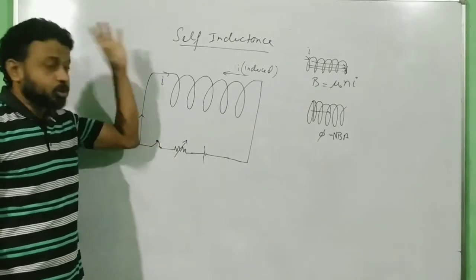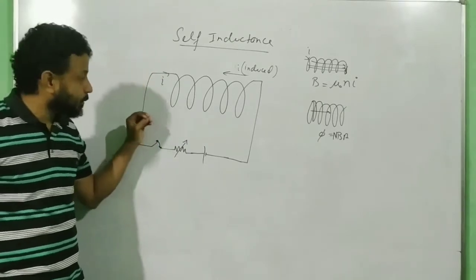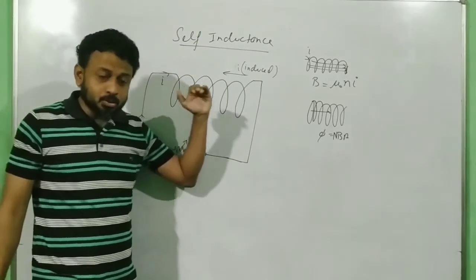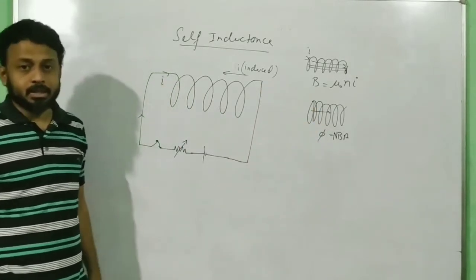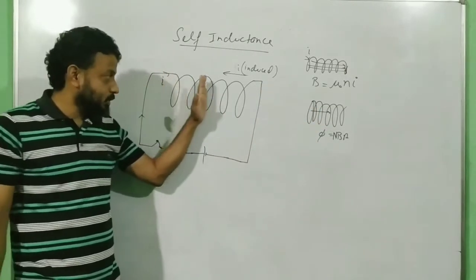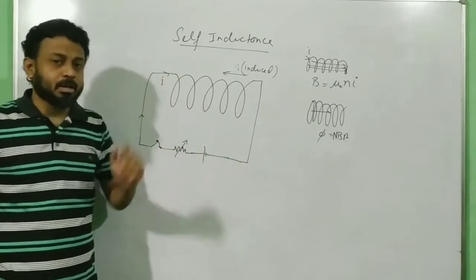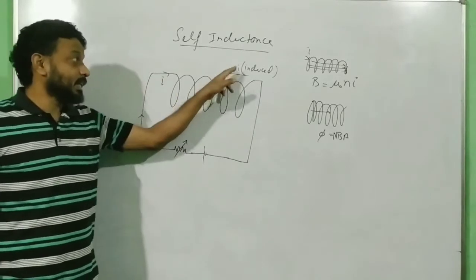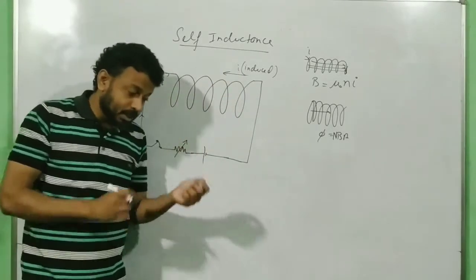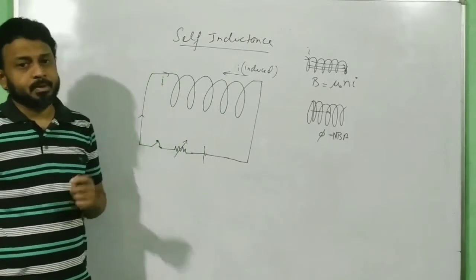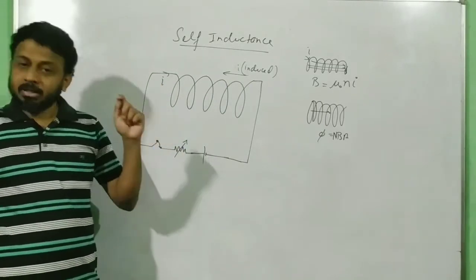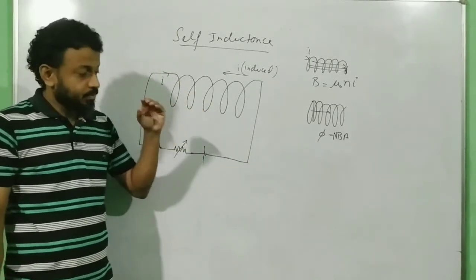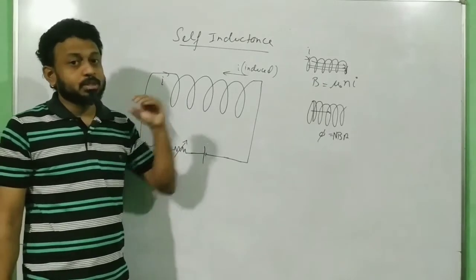Once you have switched on, it develops a current. Now, as you see, the current is constant in the circuit. If the current remains constant in the circuit, there is no change in magnetic field and there is no change in flux. So this induced current is developed just at the time when you switch it on, from zero flux to some flux.